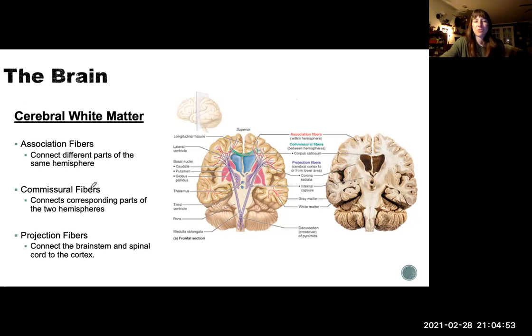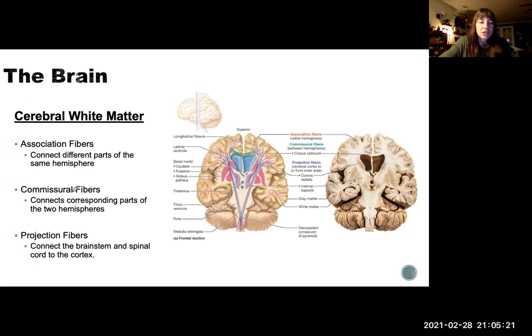We divide them into 3 different general types of fibers based on where they are sending signals to and from. Your association fibers are going to connect different parts of the same hemisphere on one side or another, okay? So your association fibers in this image are in this pink or red color. So they're basically just connecting different parts of the cerebral cortex on one side of the brain, in one hemisphere of the cerebrum.